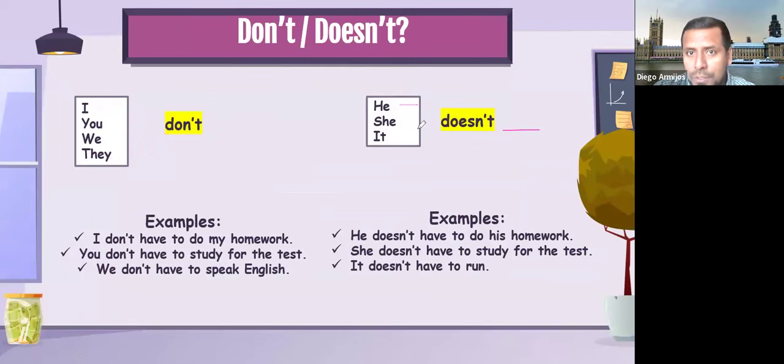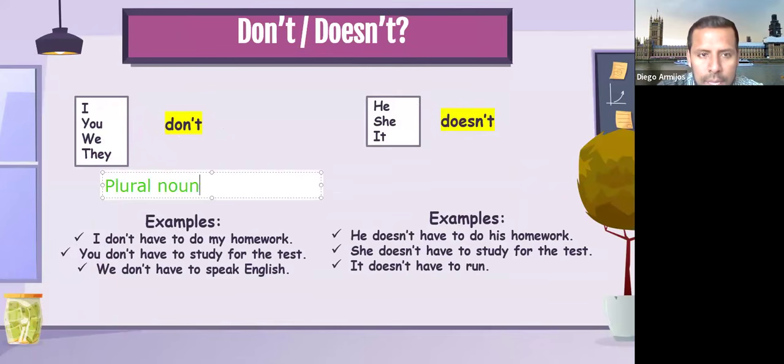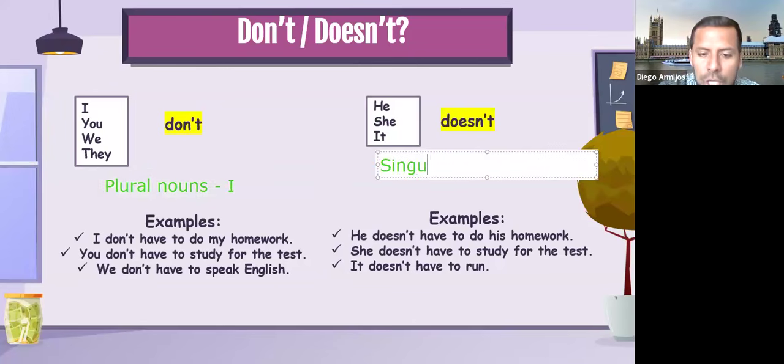He doesn't have to, she doesn't have to, it doesn't have to, okay? In this case, as I said before, this is for plural nouns and also with the pronoun I. On the other hand, we have singular nouns, and that's all.